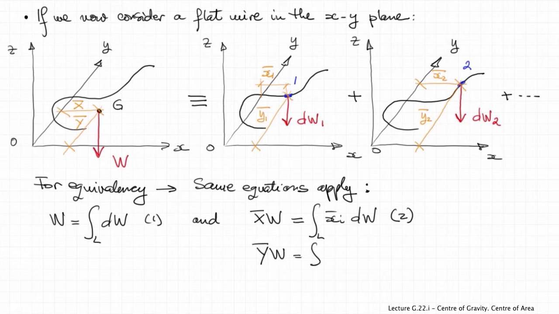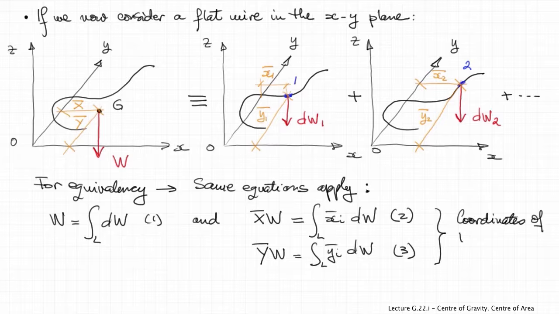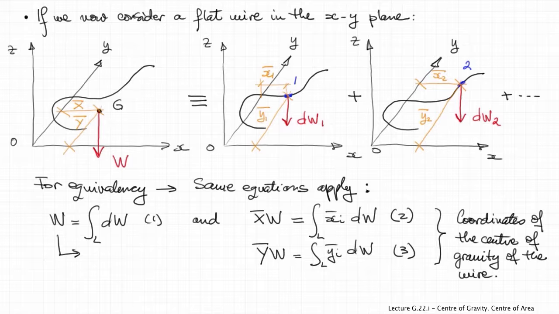And finally, capital Y bar W equals the integral over the length of the wire of small y_i bar dW, equation number 3. So equations 2 and 3 will again help us determine the coordinates of the center of gravity of the wire, whereas the first equation will give us the weight of the wire.